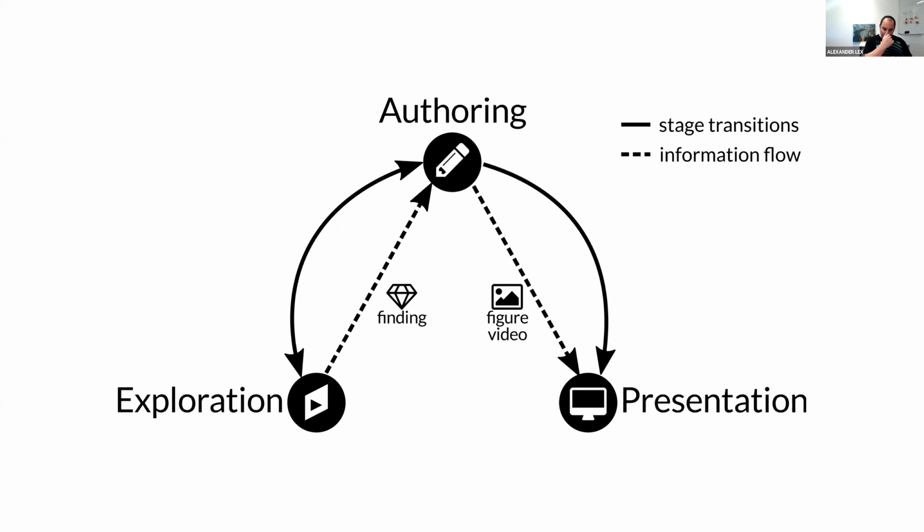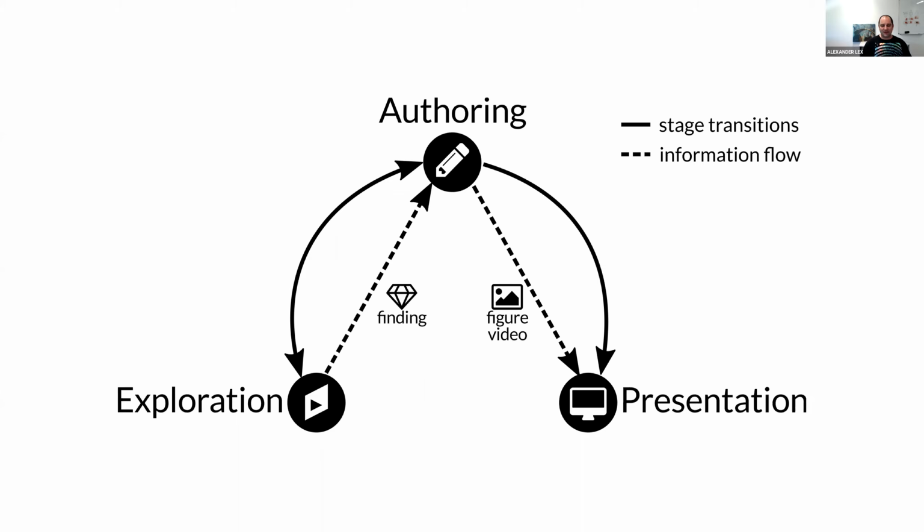And so we thought about the process. If you wanted to create something like this documentation of the analysis story we did for our Nature Methods paper, you would have these three different stages: exploration, authoring, and presentation. And this would be mostly a one way process: you can switch between exploration and authoring, but from authoring to presentation is one way.